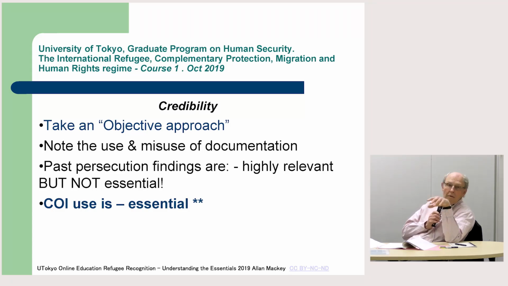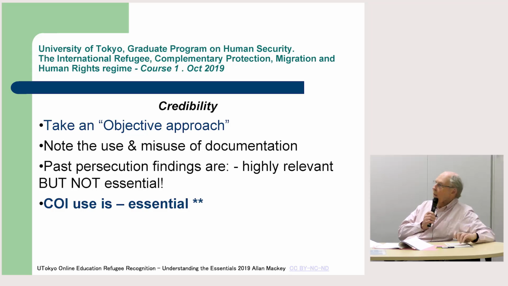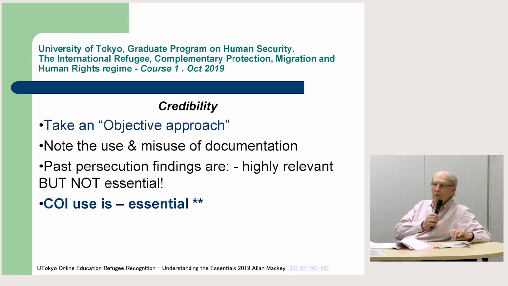So use those. It may be a British case or it may be a French case or a German one, but no reason why you shouldn't use it to find out more information.